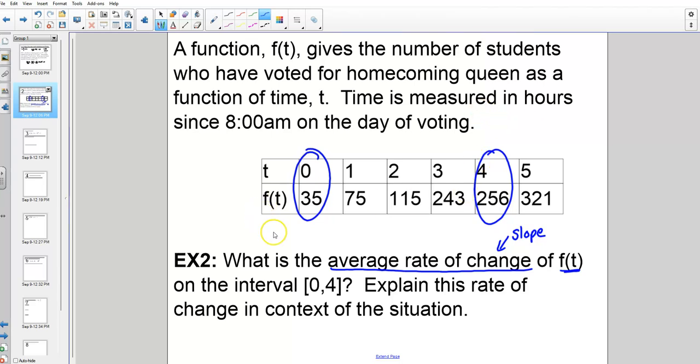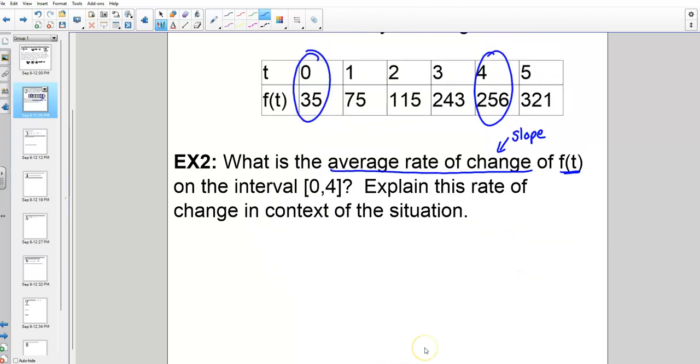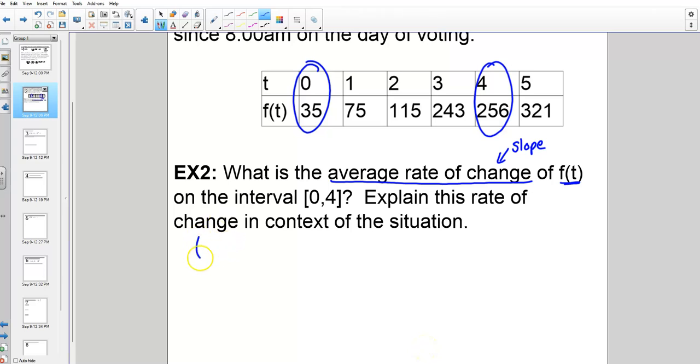To do slope with those points, we've got the point (0, 35) and the point (4, 256). So we will do 256 minus 35 over 4 minus 0. 256 minus 35 is going to be 221 over 4.